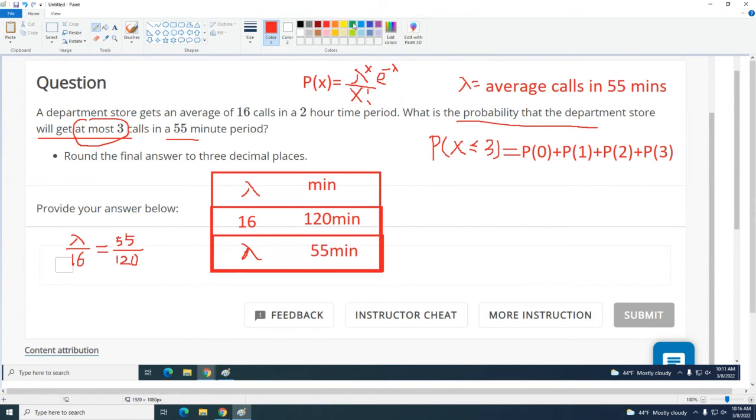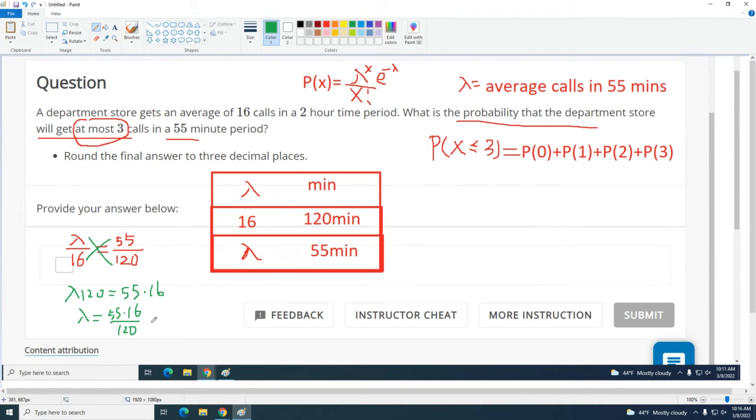A common way of solving this kind of equation is to cross multiply. So we cross multiply, and then we have lambda times 120 equal to 55 times 16. So lambda equals 55 times 16 over 120.